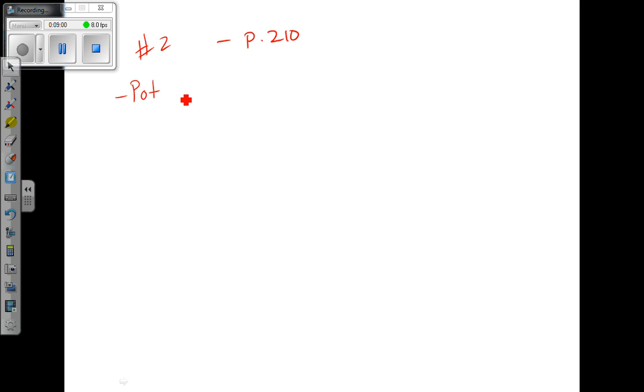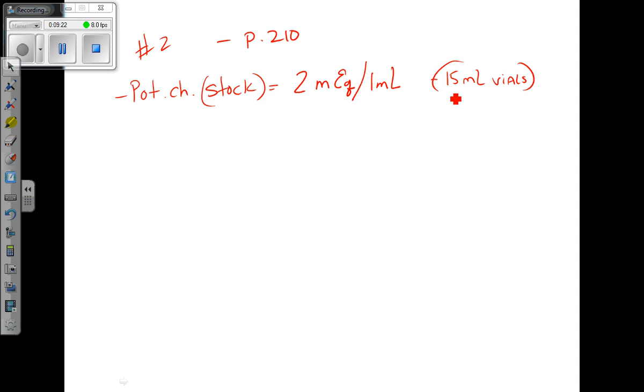Potassium chloride stock: you're going to have 2 milliequivalents per 1 milliliter, and they come in 15 milliliter vials. If you look at the prescription, you're going to be infusing it at 125 milliliters per hour, and you need enough for a 24-hour period.